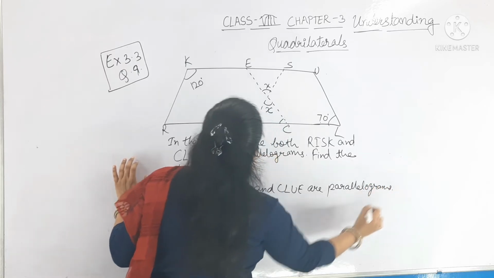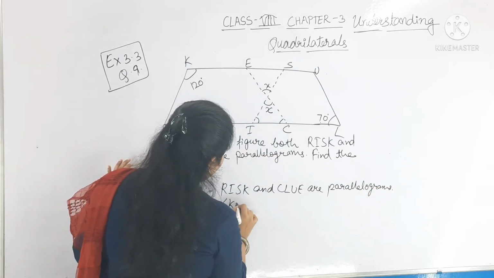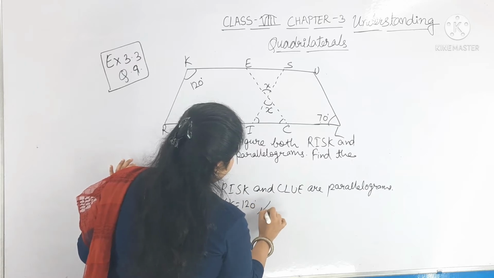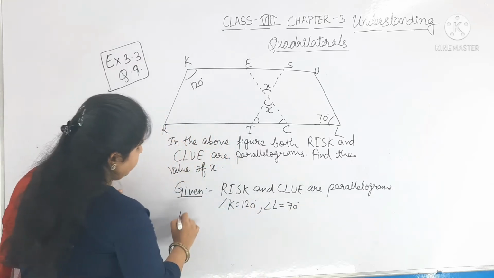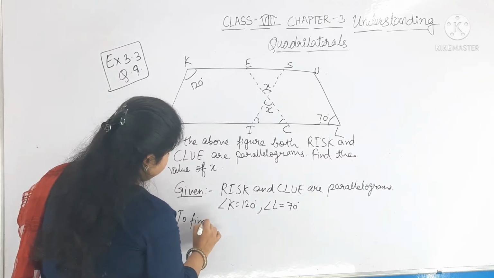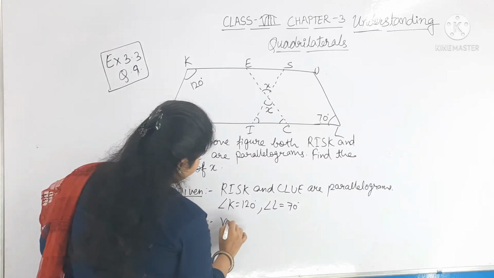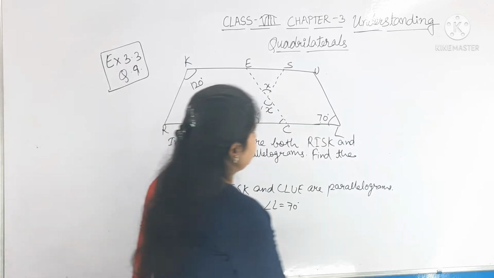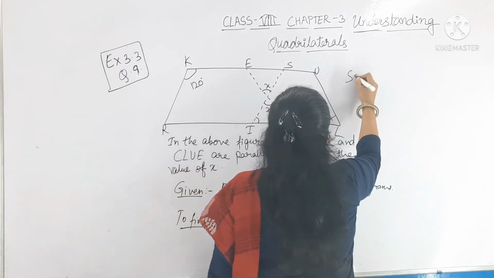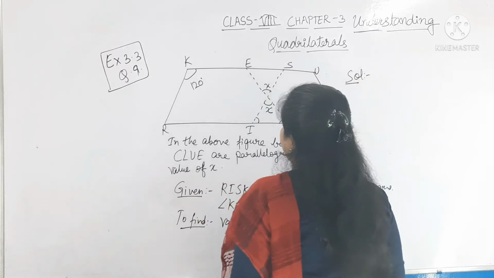This is given, and angle K is equal to 120 degree, angle L is equal to 70 degree. We have to find the value of X. Solution, I am writing here.